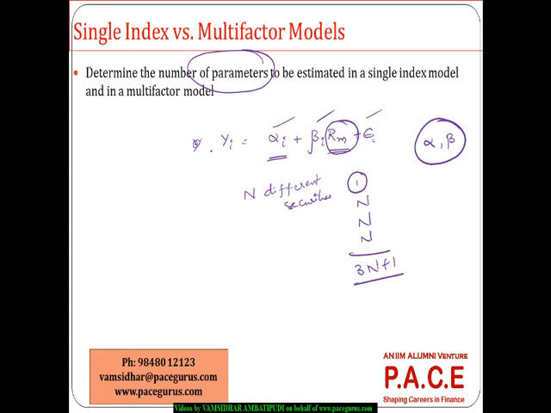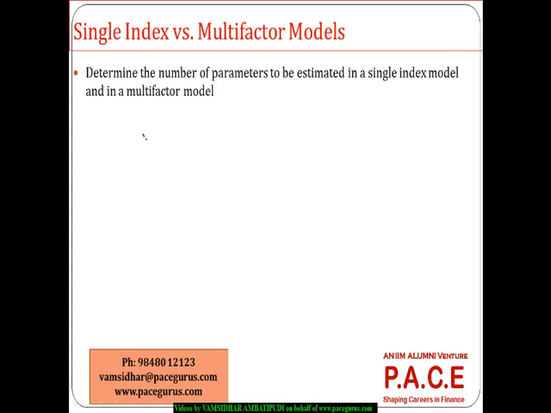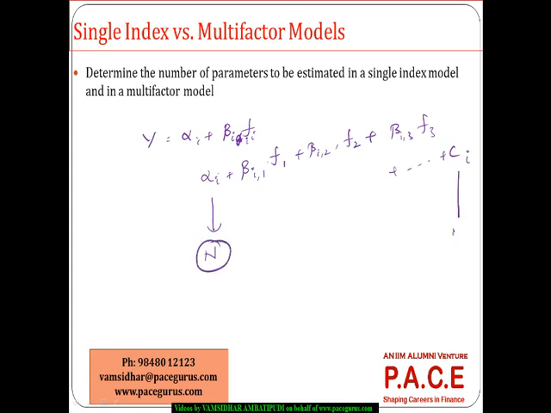Whereas when I'm going ahead with a multi-factor model, wherein I'm looking at alpha i plus beta i1 factor 1, beta i2 factor 2 plus beta i3 factor 3 plus so on plus epsilon i, which means I require n such alpha i's, I require n such epsilon i's and the standard deviations associated with the epsilon i, and beta i.